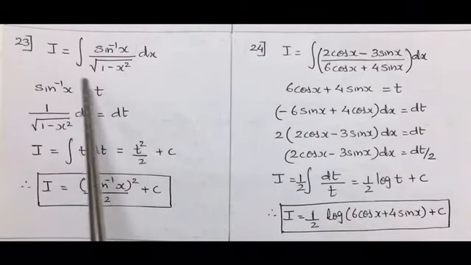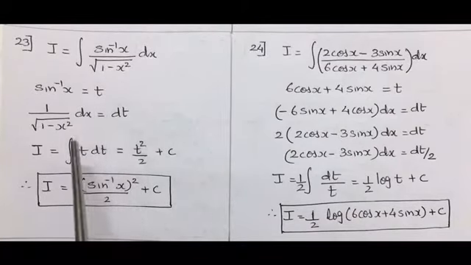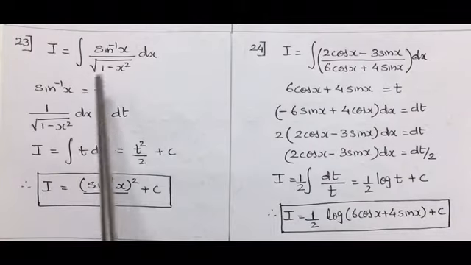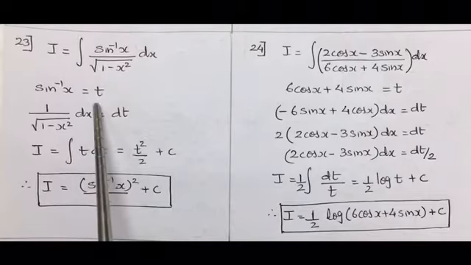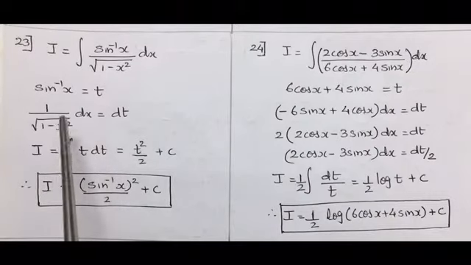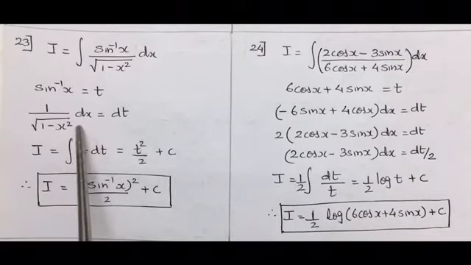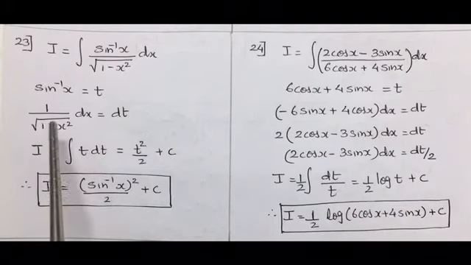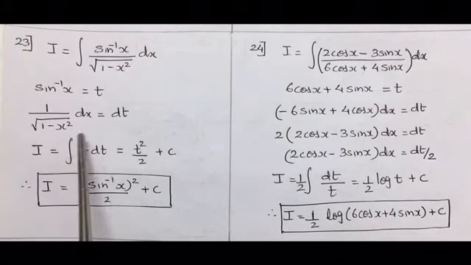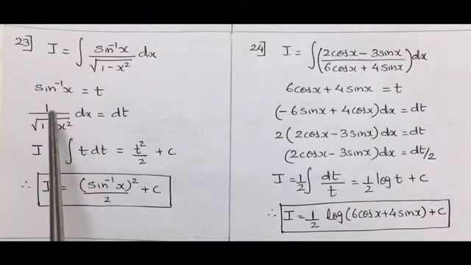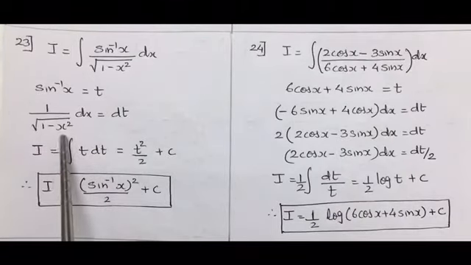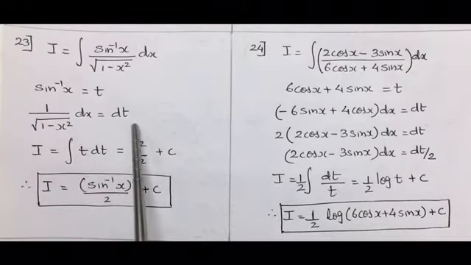So assuming sine inverse x as t, whose integration is not there directly, we always assume it as t. Differentiating both sides with respect to x, we get 1 upon root of 1 minus x square, because the derivative of sine inverse is 1 upon root of 1 minus x square, dx is equal to dt.